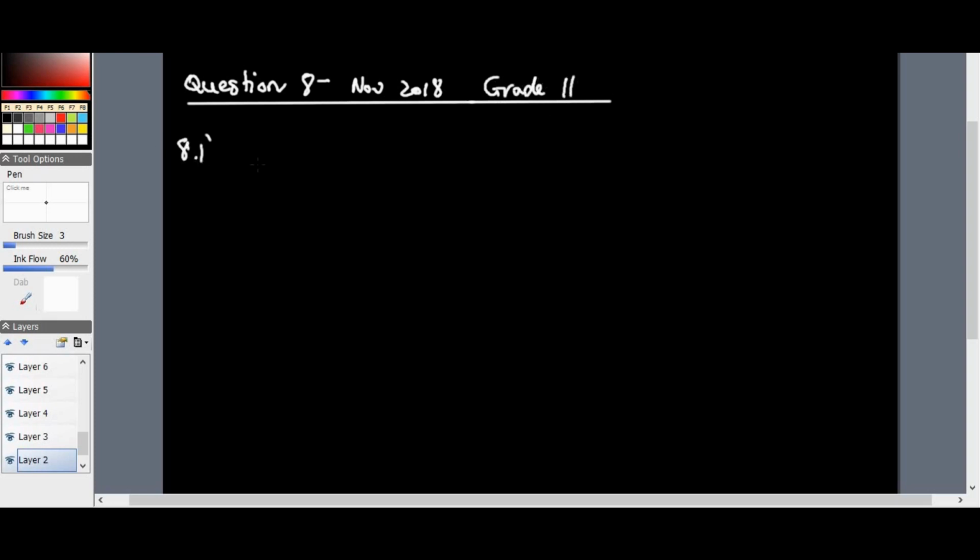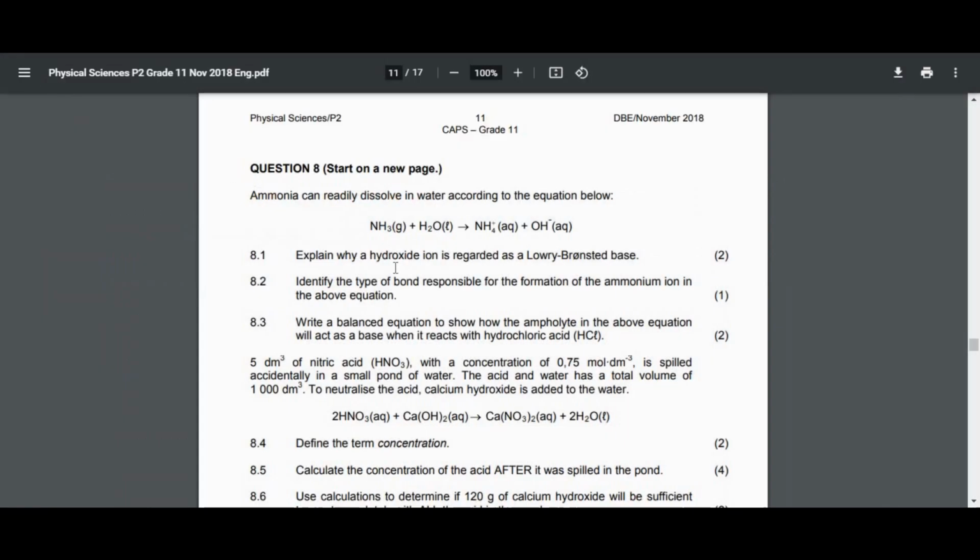For 8.1, in the equation, the hydroxide ion can act as a proton acceptor. Here we see the hydroxide ion. A Lowry-Bronsted base means a base is a proton acceptor, so hydroxide can still accept another proton.